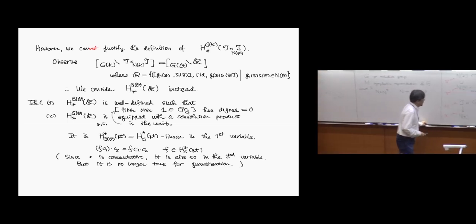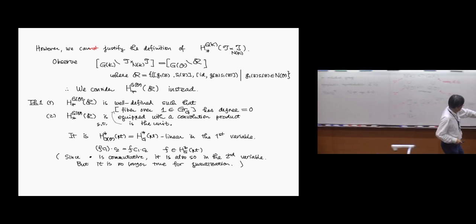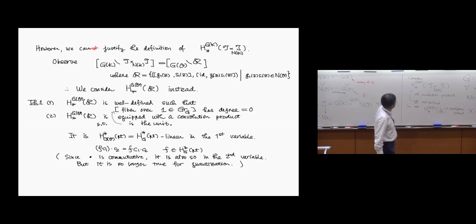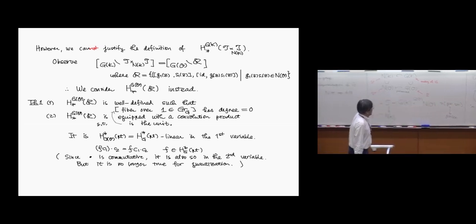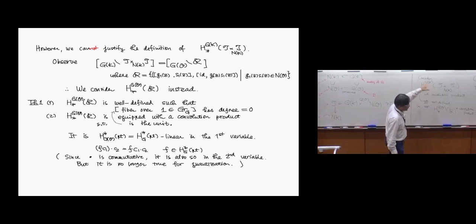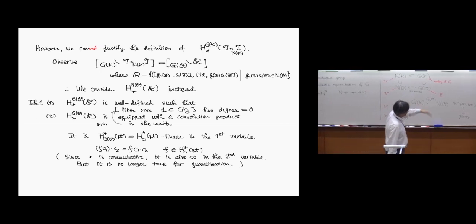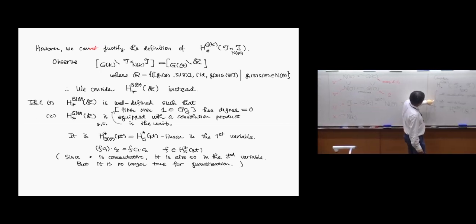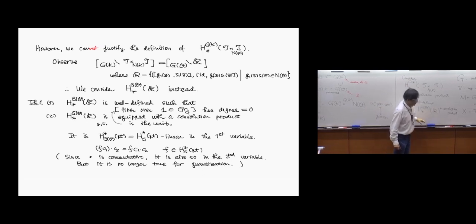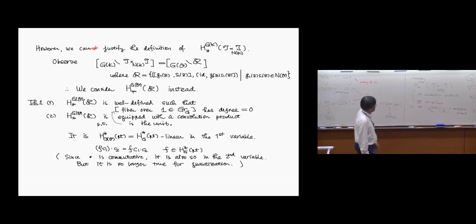Because somehow the reason why this has a convolution product is best explained in here, I believe. Even though this is a heuristic explanation, this has pullback and push forward, and I have a convolution product. I somehow formally replace this by this, and then you have the similar convolution diagram and you can define the product here.